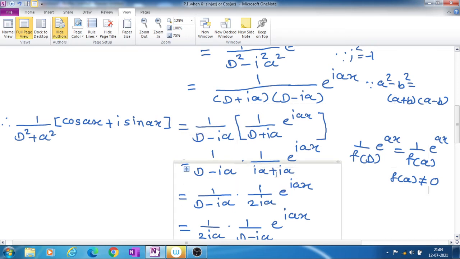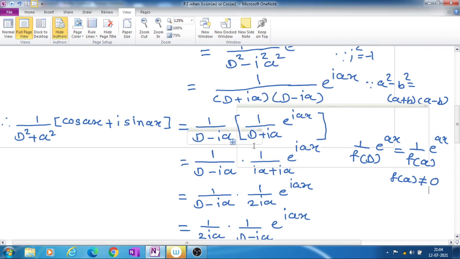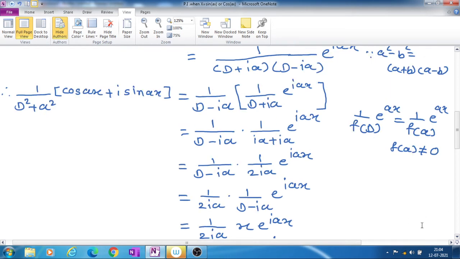Remember that first we must operate this factor 1 upon d plus ia, because in this factor d minus ia, when we substitute d by ia, it becomes 0, and for that we use again the next formula. But if we first operate this 1 upon d minus ia, then next will be complicated.